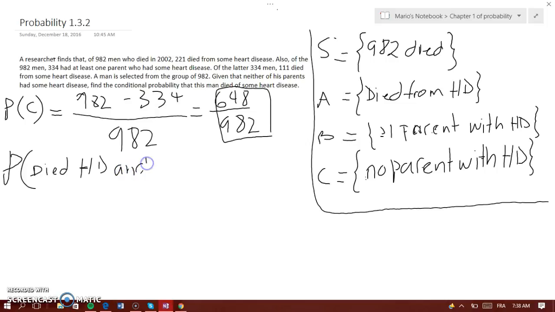and no parents with heart disease would be, now how many men died?